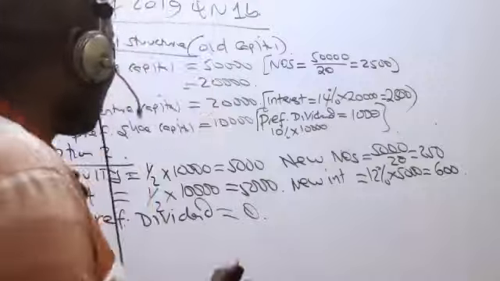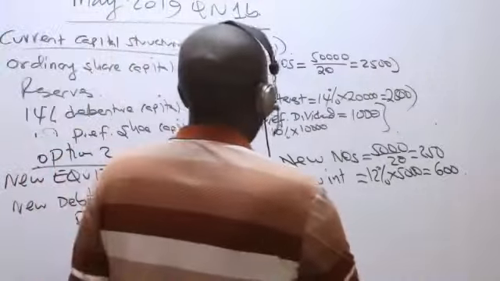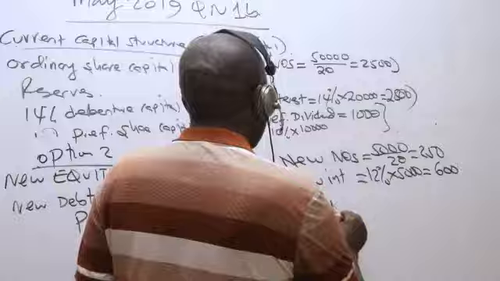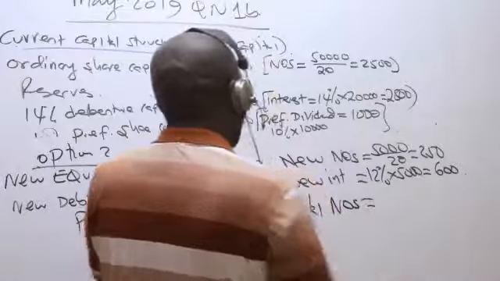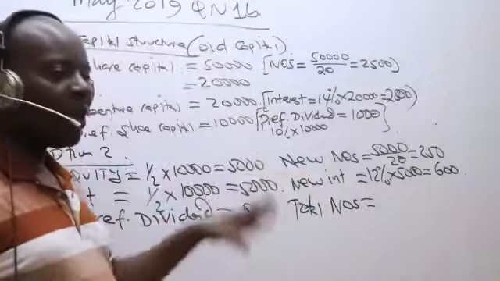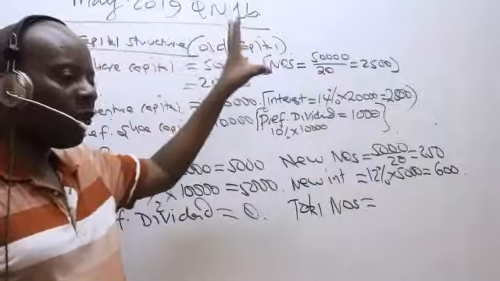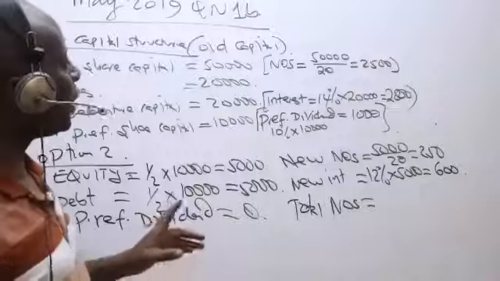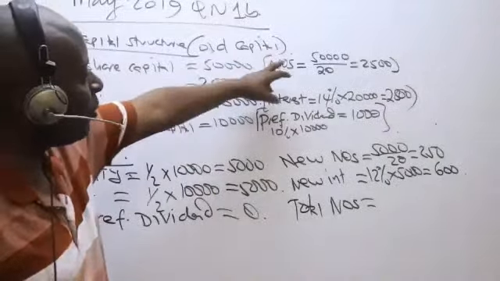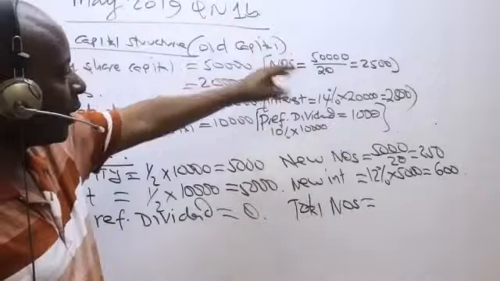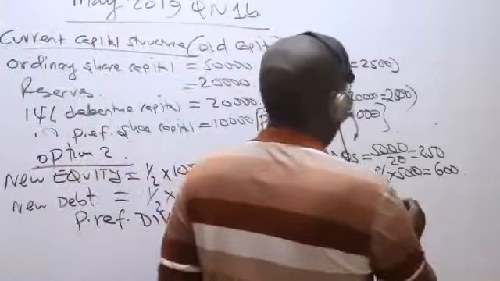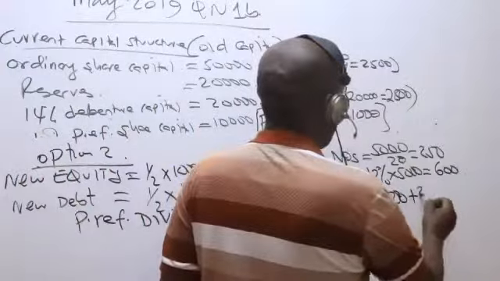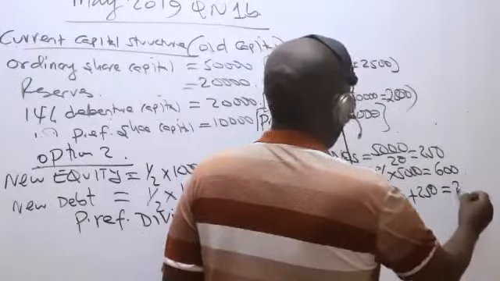So come and give us the totals. Don't mix option 1 values here. Here we are looking at the original versus option 2 values. For the total number of ordinary shares, I will take the original number, 2,500, plus 250, which gives me 2,750.